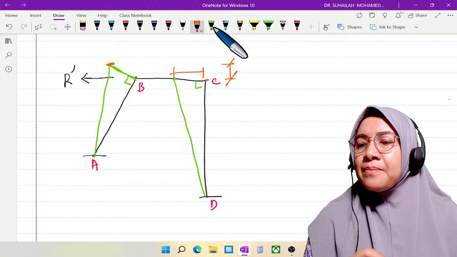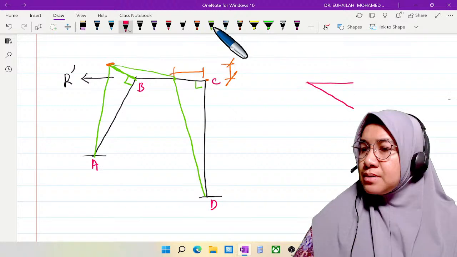Sorry, not that one. So we have to find where the triangle is. We just need to combine the horizontal delta, the vertical, and the incline. So horizontal, we have this and this.